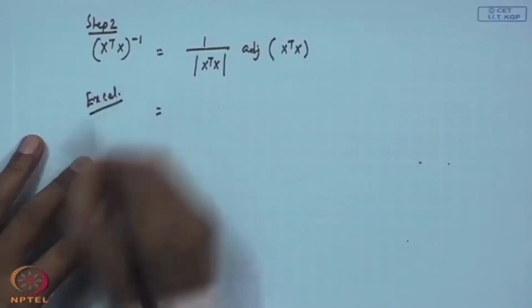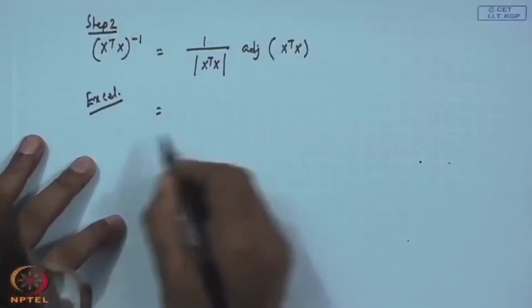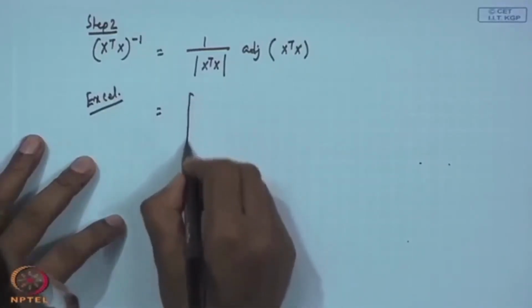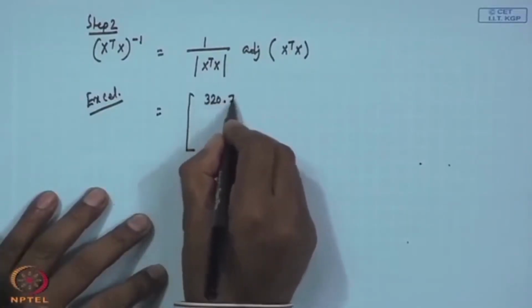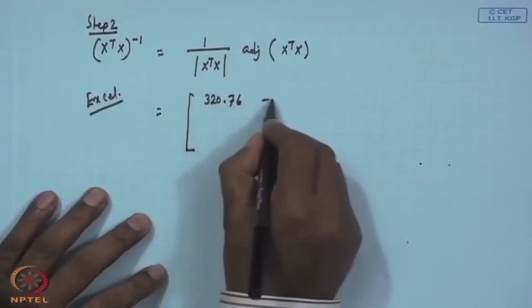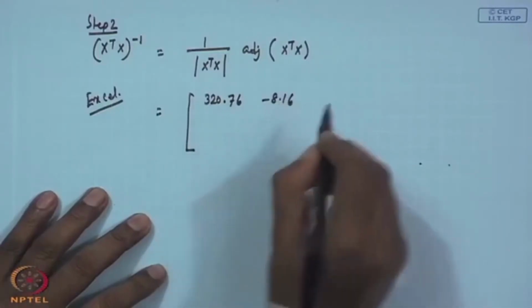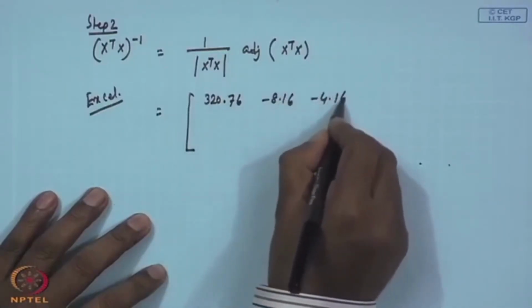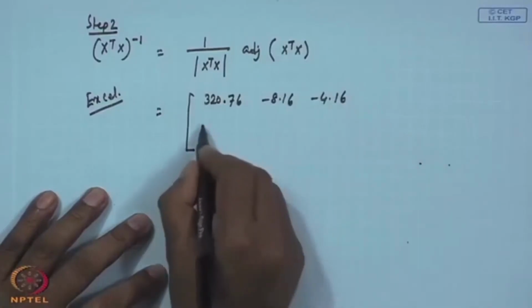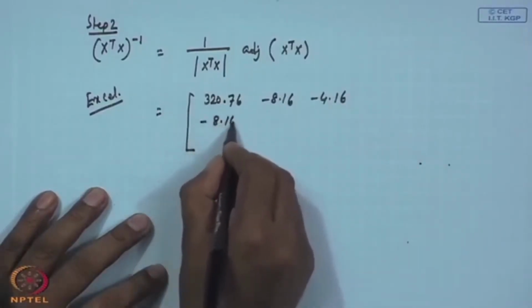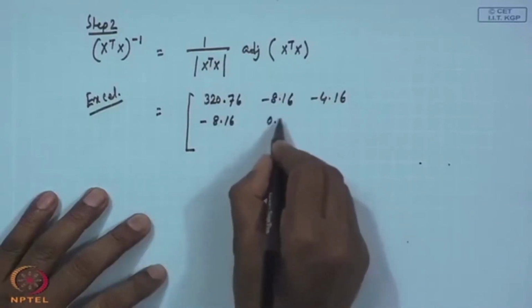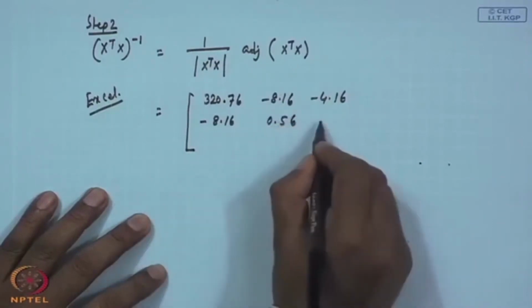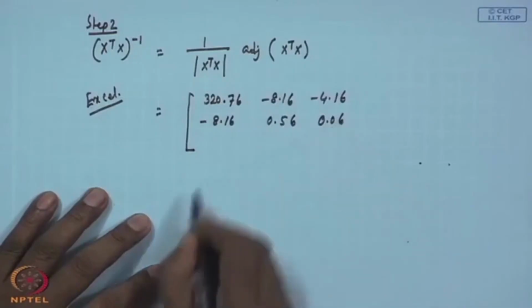I have used Excel, and the value I got for this data set is 320.76, minus 8.16, minus 4.16. As it is a symmetric matrix, the next row will be minus 8.16, then 0.56, then 0.06.